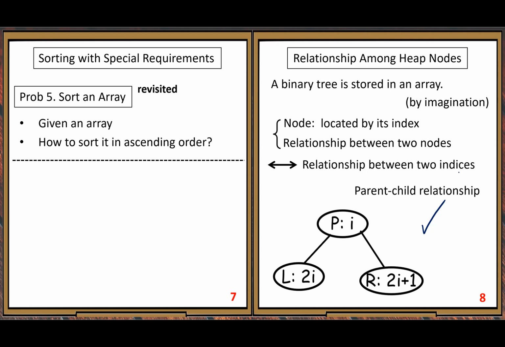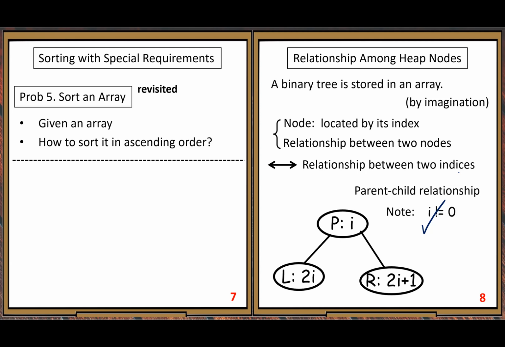We will see it works perfectly for the whole array, no problem. Everywhere in the array, we can use this kind of relationship. So let's try to understand what result we can get from this special relationship.